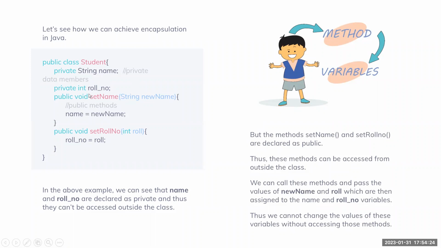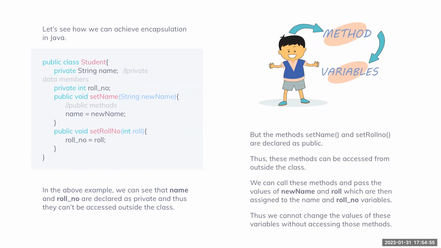I did not add any public getName and getRollNumber methods here, but we can add those to get the values of these private variables. I just added only setName, to make sure that we can update the private variable values using this setName.